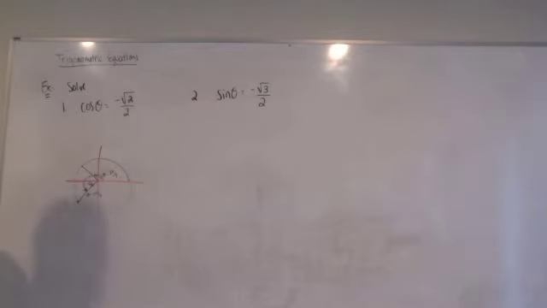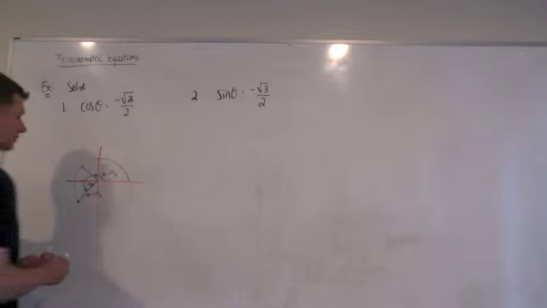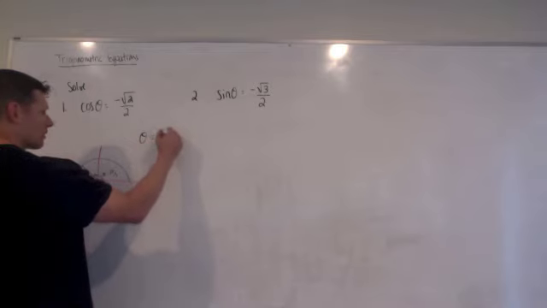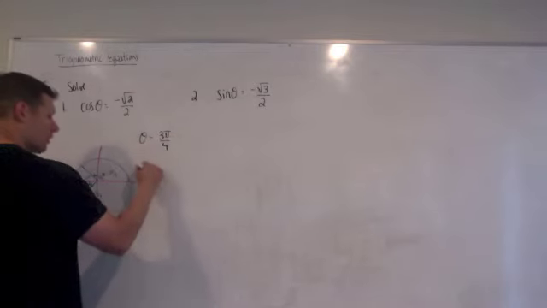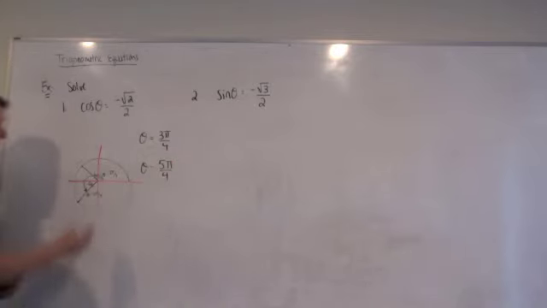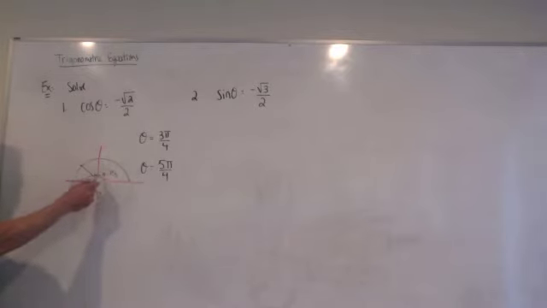So I've got two values such that cosine of theta equals negative root 2 over 2 in 0 to 2 pi. The way I write this is: theta could equal 3 pi over 4, theta could also equal 5 pi over 4. That gives me this guy and that guy as terminal points. But also notice that if I did 3 pi over 4 plus another full circle, which is 2 pi, I'd also have another solution.